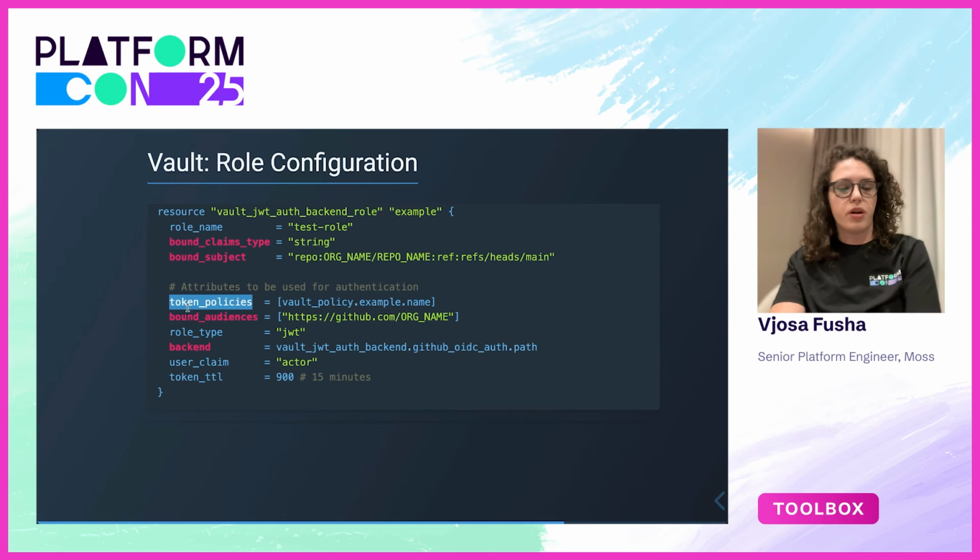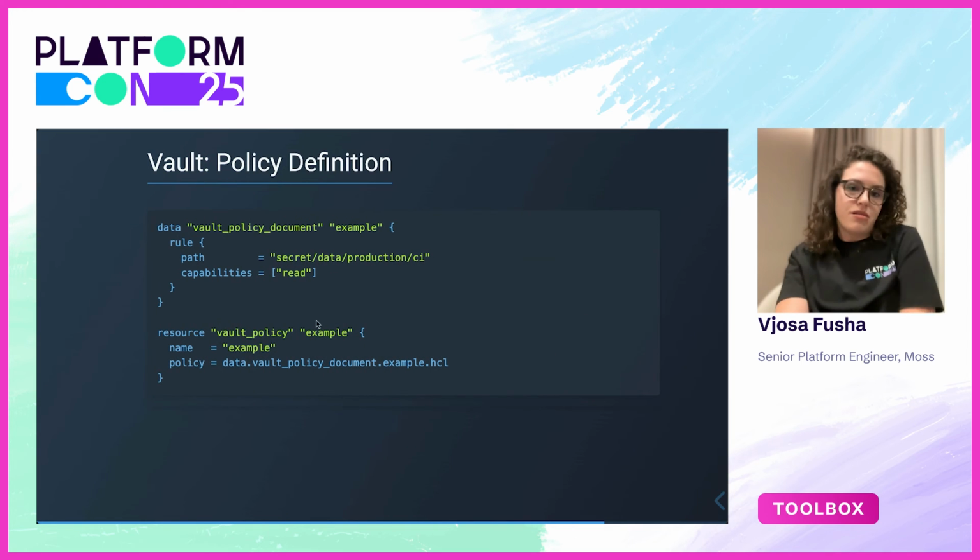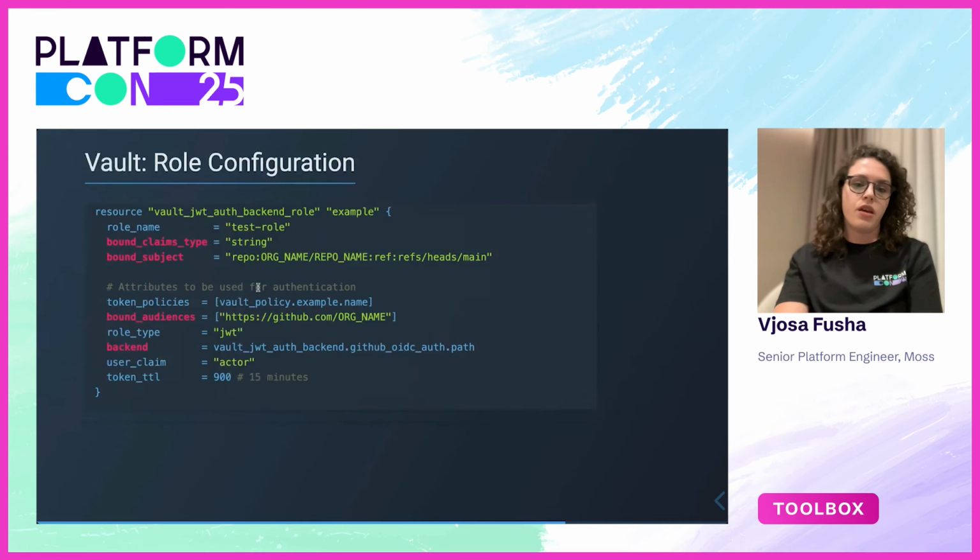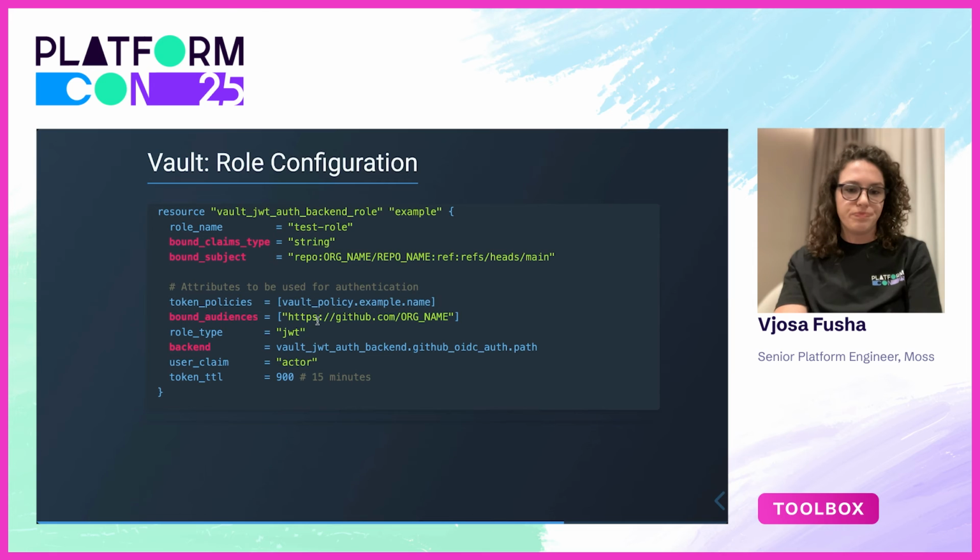Then we need this token policy. So we need to bind the Vault policy to this backend role. In my case, I just said, in this path, secret data production CI, you can read the secrets. And then we just create this policy, and we just set it here.